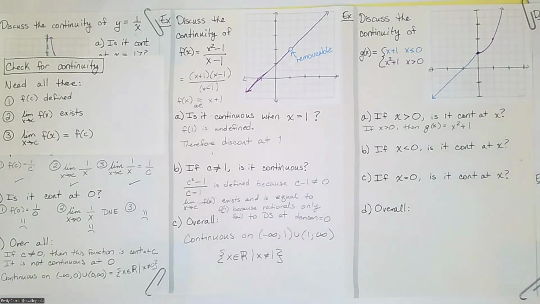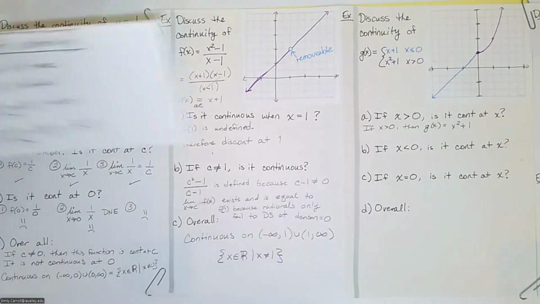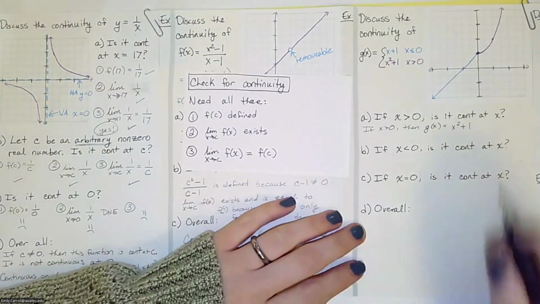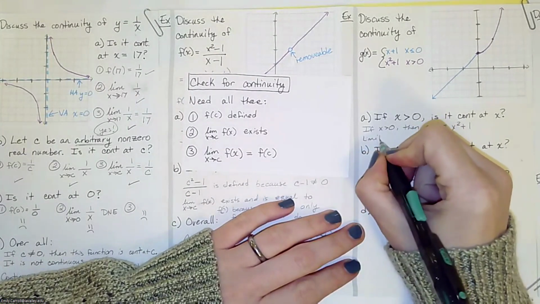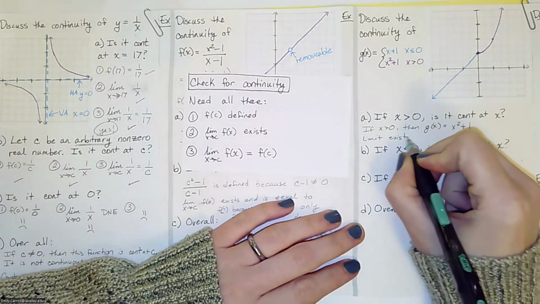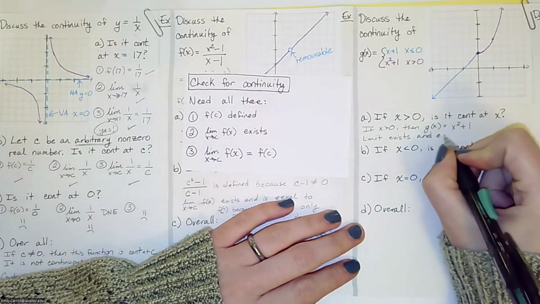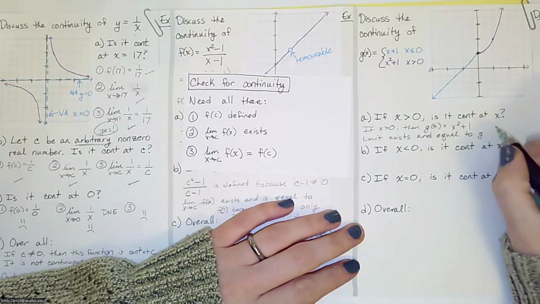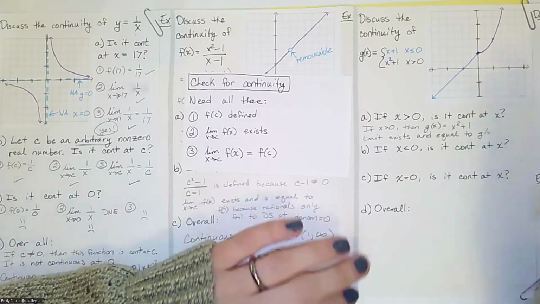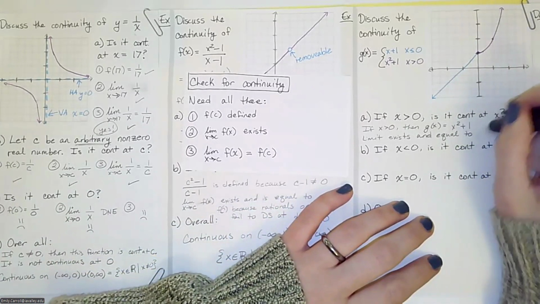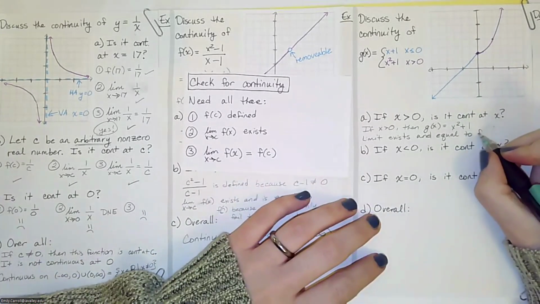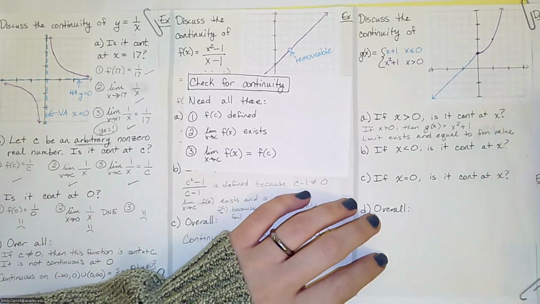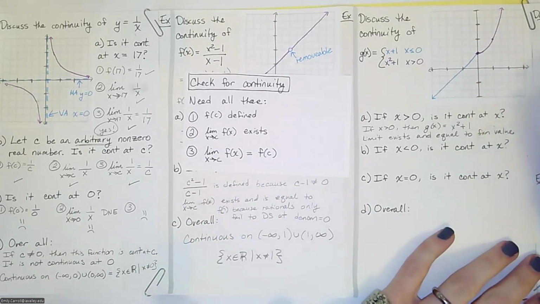Okay, so the limit there will exist and will be equal to the function value. Well, x is arbitrary, so I'll just say function value. So it is going to be continuous at any positive number.